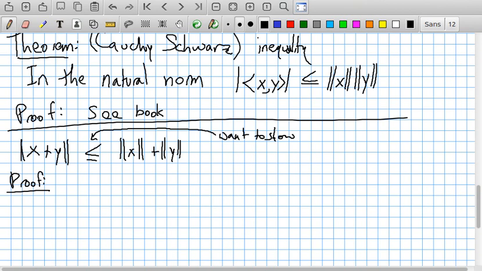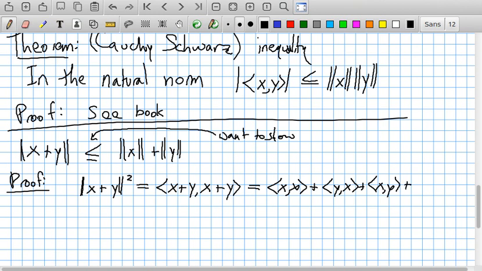You square the norm, because there's square roots involved, and that's nasty. So we square it. So this is x plus y, inner product with x plus y. You make use of the bilinearity of this, or at least the sesquilinearity of it. So you get something like this, x with x plus y with x plus x with y and y with y.